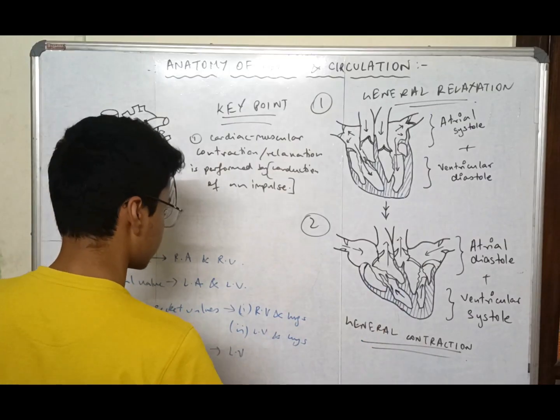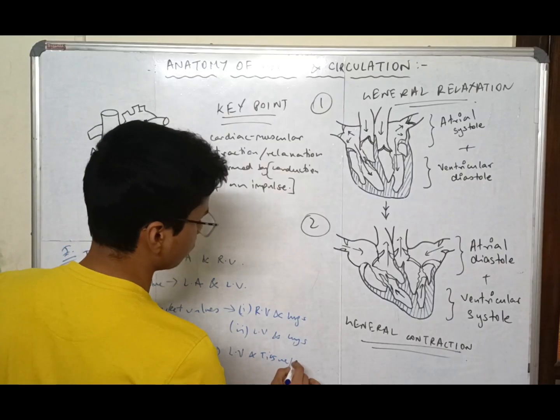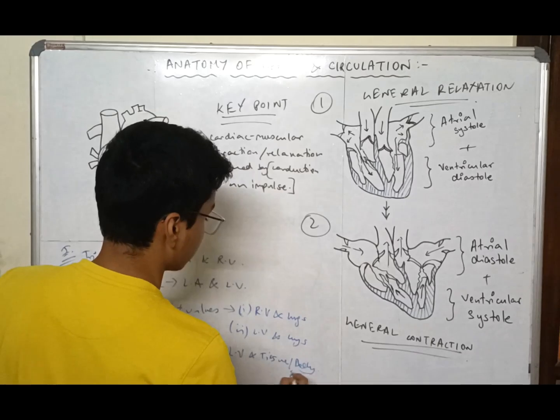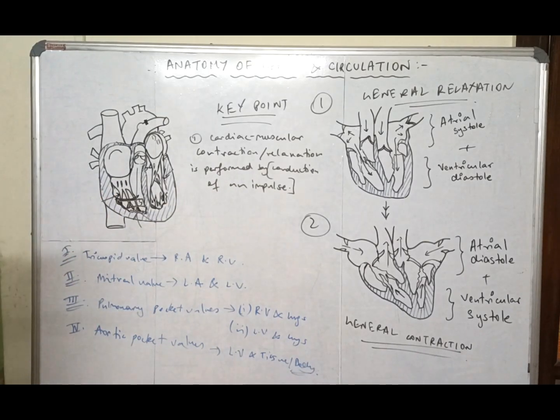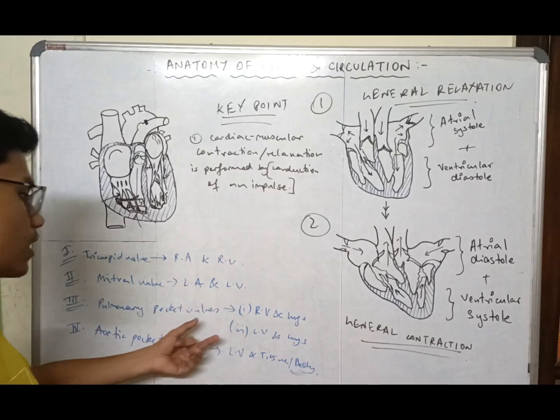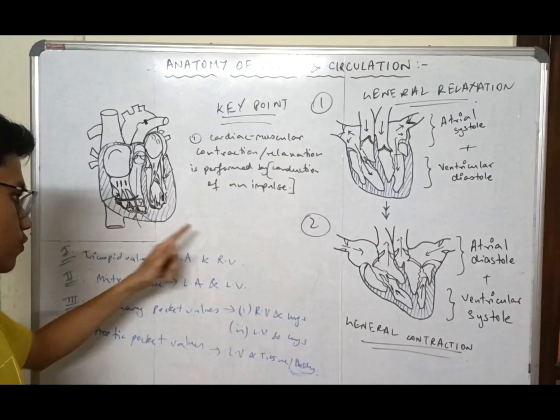So under general contraction it will be left ventricle and the tissue or body. Yes, it is very tiring to write all of this data, but still it is very important. You cannot skip this topic. Okay. So these are the basic junctions between each and every valve, and what they are serving as between two points, A to B.